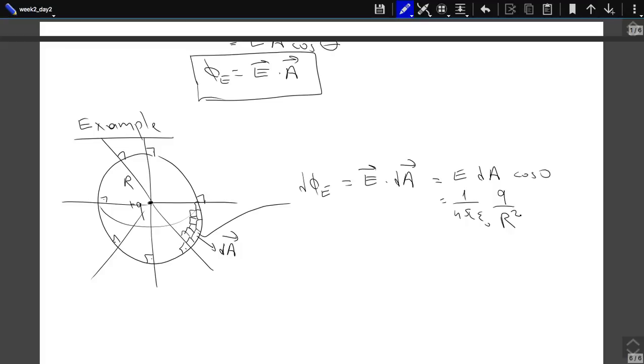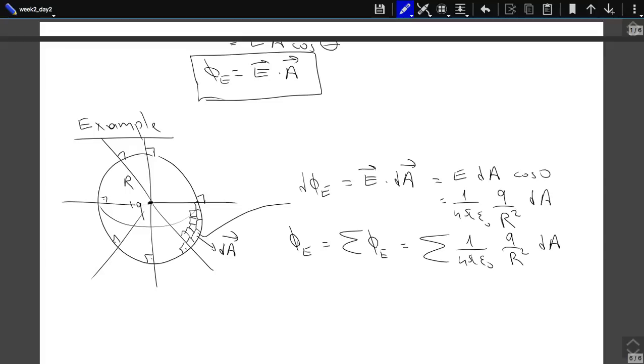This is the E appearing over there times dA. Now let's calculate the total flux. Well, the total flux will be nothing but the sum of the flux passing through all of these very small areas. Now I'm just summing over all these very small patches. This will be equal to the sum over 1 over 4 pi epsilon 0 Q over R squared times dA.